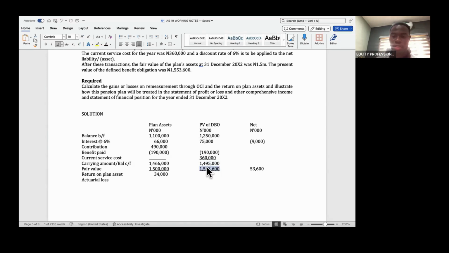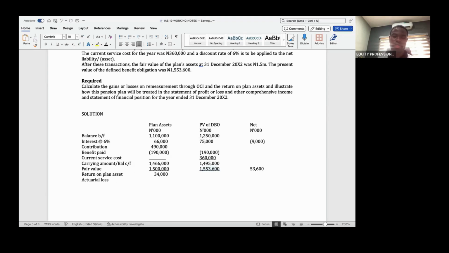If, for example, instead of saying I owe 1.5 million based on his valuation, he said I owe 1.3 million, that's good. That would be an actuarial gain. But in this case, it is an actuarial loss because he's saying I'm owing more.